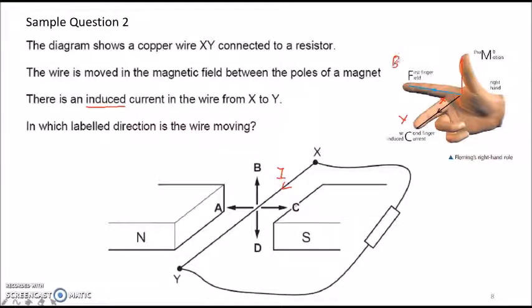The first finger is for the magnetic field direction, the thumb is for force, and the second finger is for current. So since the field is in the opposite direction, the force is actually in the opposite direction. So the answer is D, downwards.